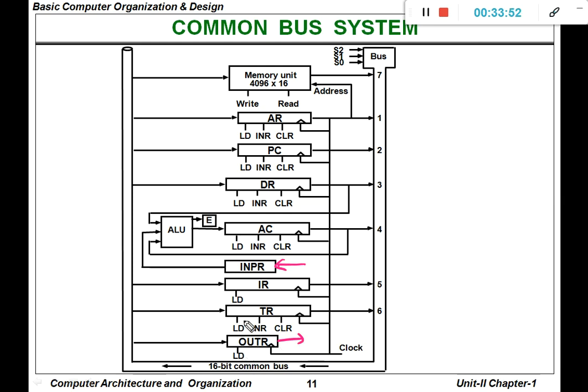Similarly, you can observe that there are no INR and CLR operations for INPR, as well as IR, the instruction register, as well as OUTR, because they are not required to perform these operations.